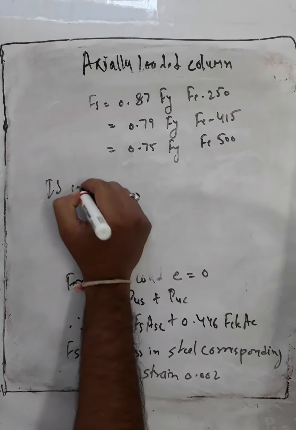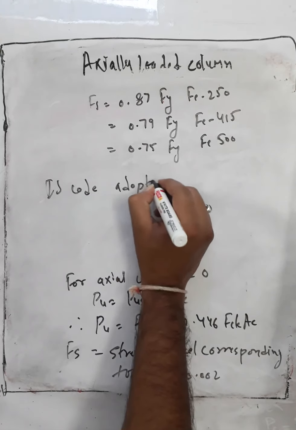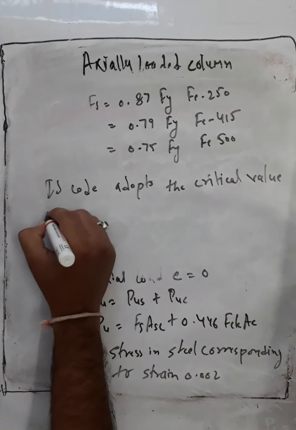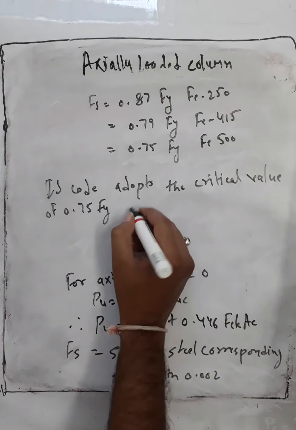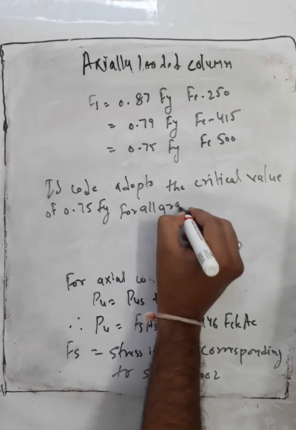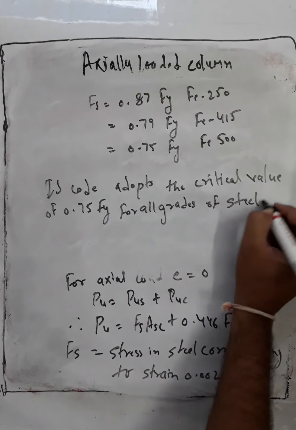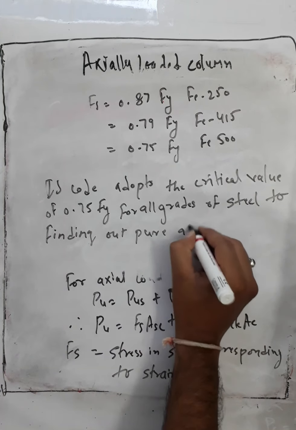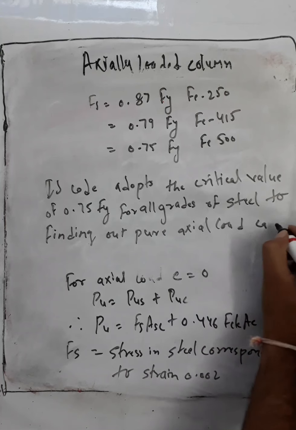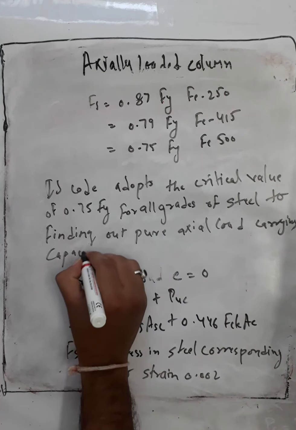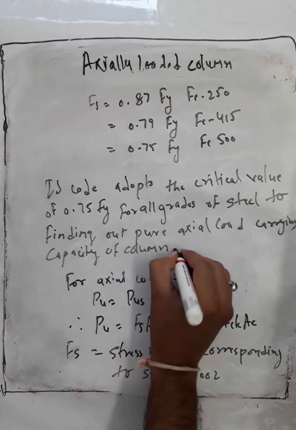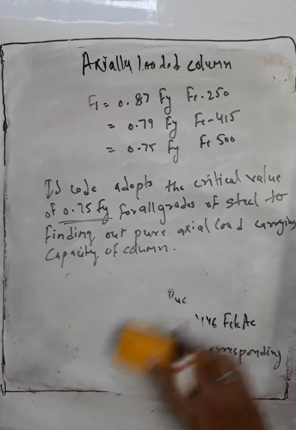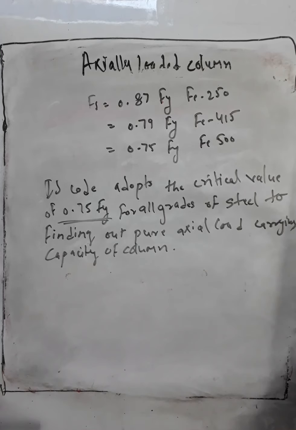But the IS code says to adopt the critical value of 0.75 fy for all grades of steel for finding the pure axial load carrying capacity of the column. So the code says we have to take 0.75 fy for all grades of steel for finding the axial load carrying capacity of the column.